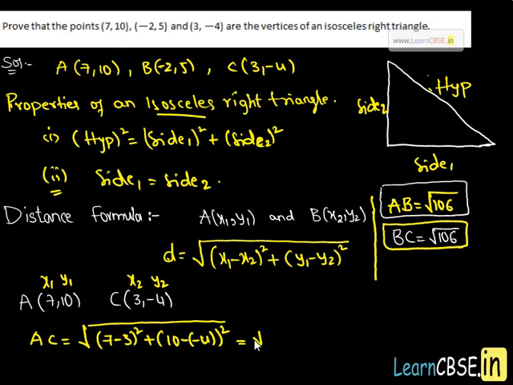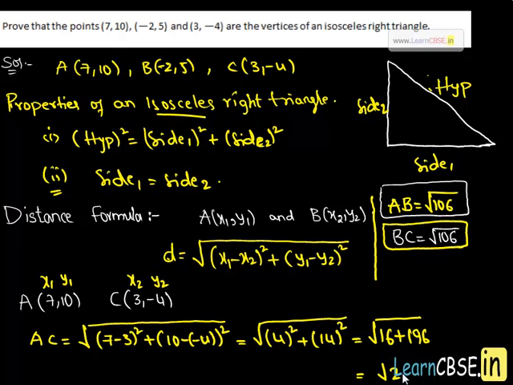Let's simplify this. 7 minus 3 is 4, whole square, and 10 minus (-4) is 10 plus 4, which is 14, whole square. We know 4 square is 16 and 14 square is 196. The sum of 16 and 196 is 212. Therefore, the length of side AC is root 212.